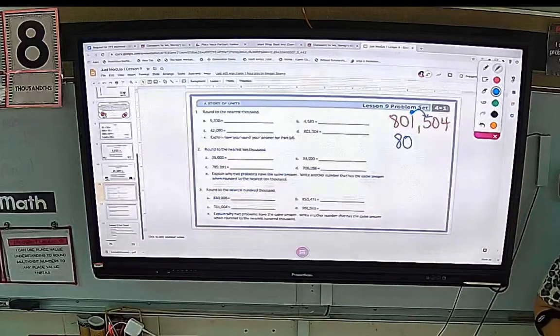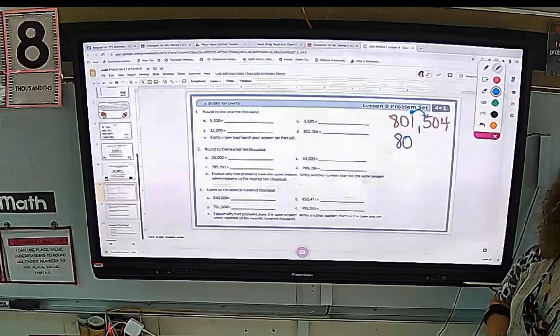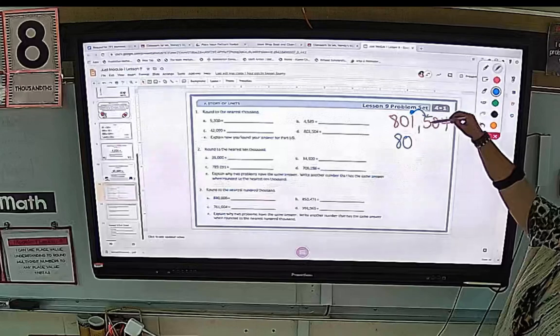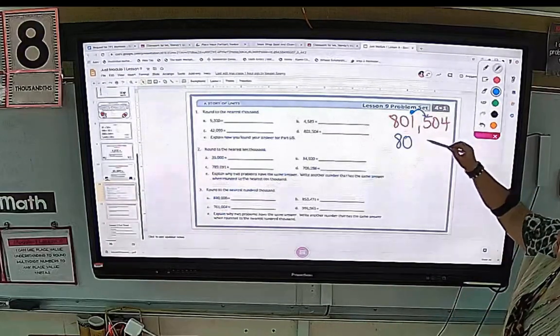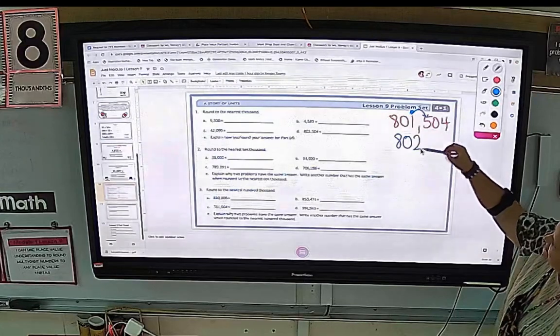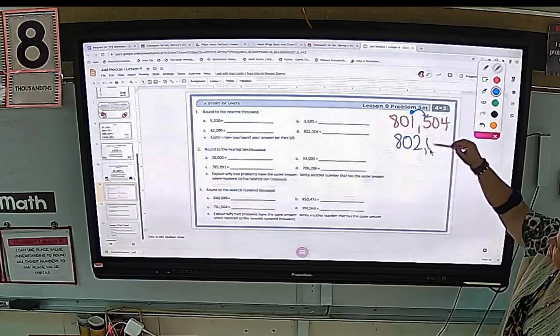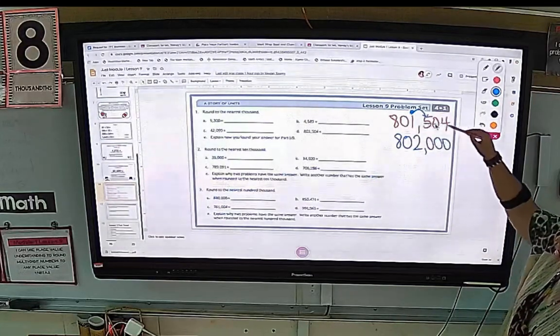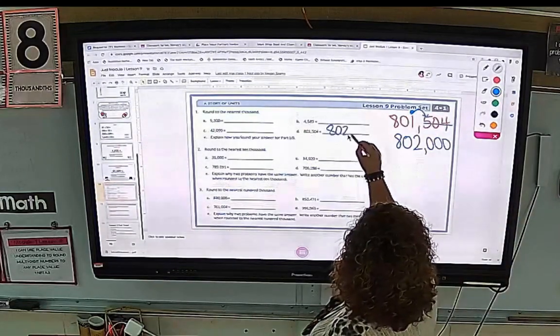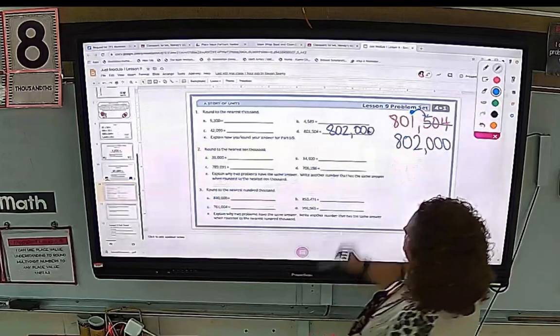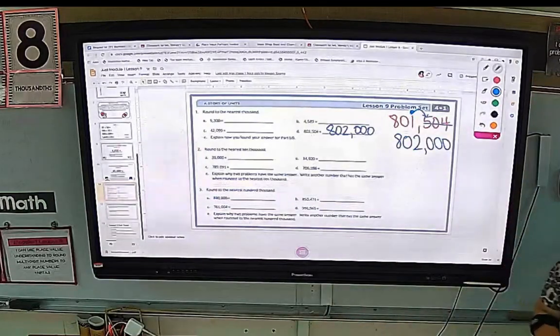Do you think it's going to change? Sure. Because of what? Greater. Yeah, that 5 next door is going to push it up to the next digit there. So all of these become zeros. So this is 802,000. Okay.